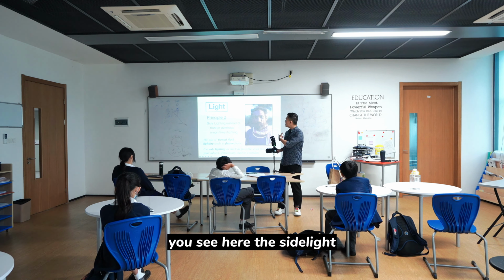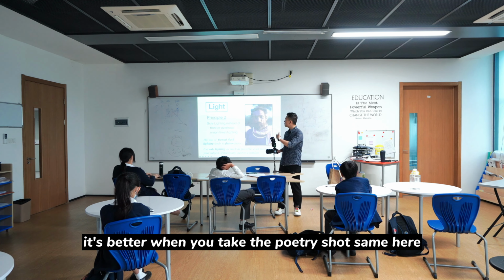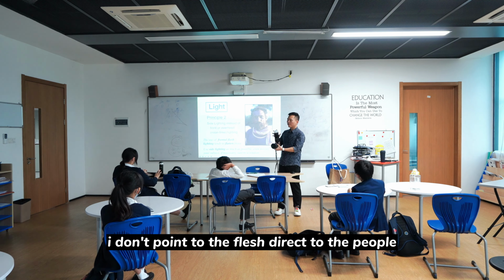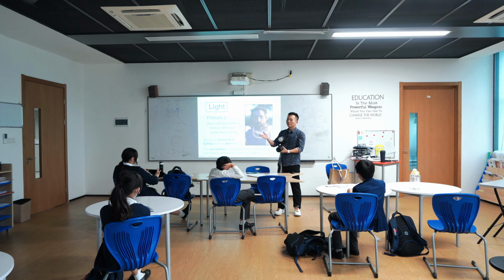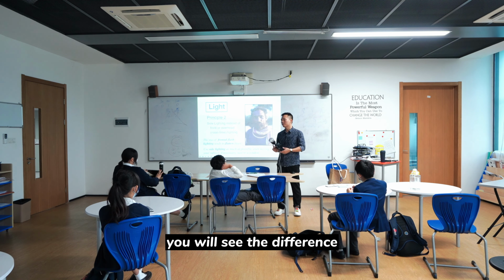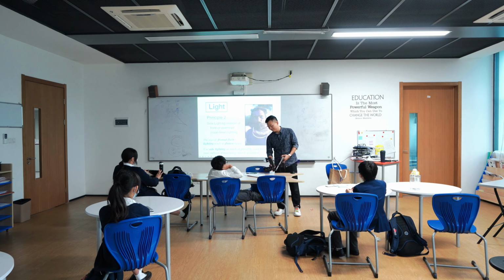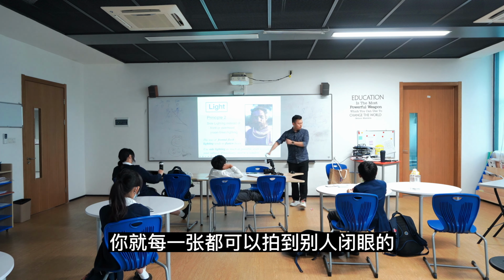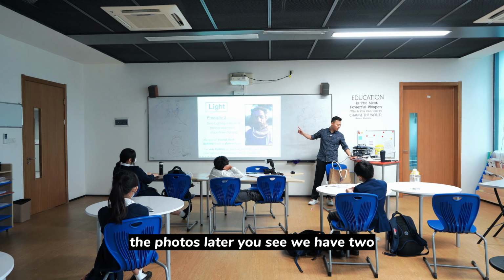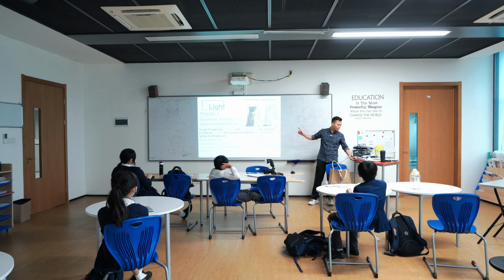So the thing is, you see here, the side light is better when you're taking a portrait shot. Same here, I don't point the flash directly at the people. I don't really need to explain, I can just show you the photos. You will see the difference. We have two cats here.